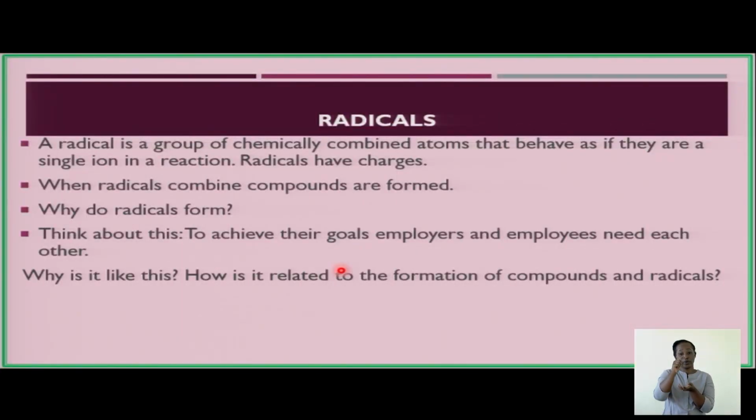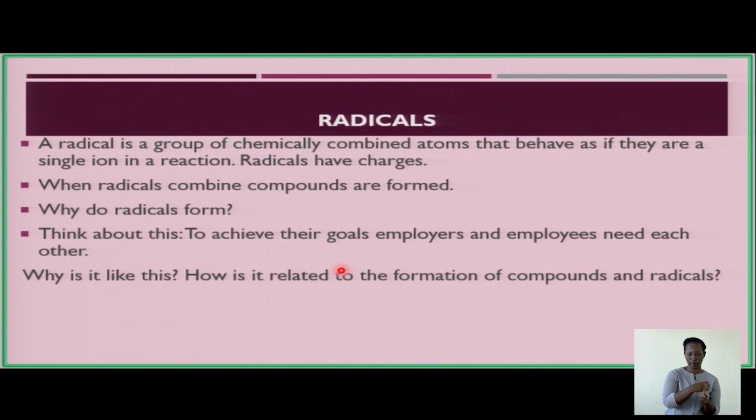You know that in our society, in a community, we have employers and employees. You know what it means. A boss and someone working for the boss. And we know that both the employers and the employees need each other. Why do they need each other?